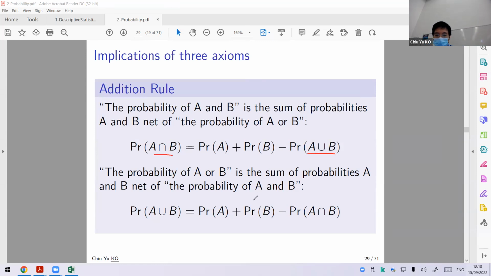So what is here? The A union B is the same as A plus B minus A intersect B, or A intersect B is A plus B minus A union B. You just swap the two, just use the equation, and you get this one. Now we can prove it.